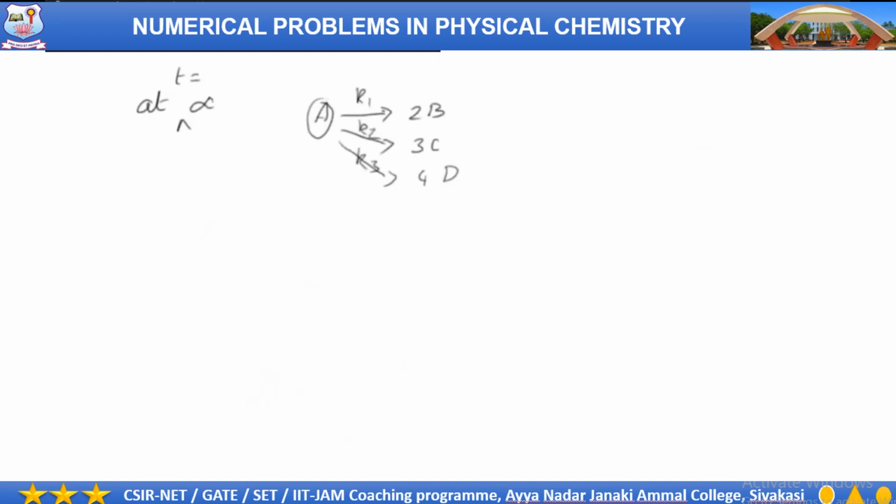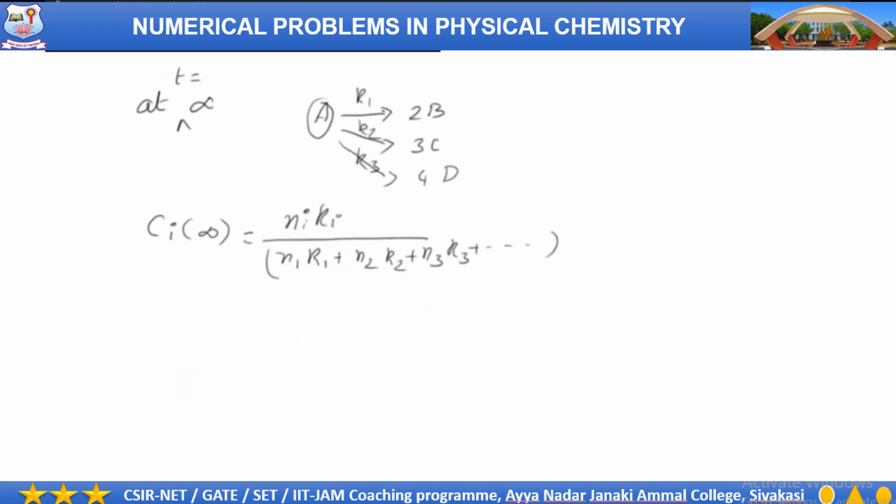In such a calculation, we can work out the concentration of any species at infinity as Ni Ki divided by N1 K1 plus N2 K2 plus N3 K3 and so on. If these are all 1, 1, 1, you will get K1, K2, K3.